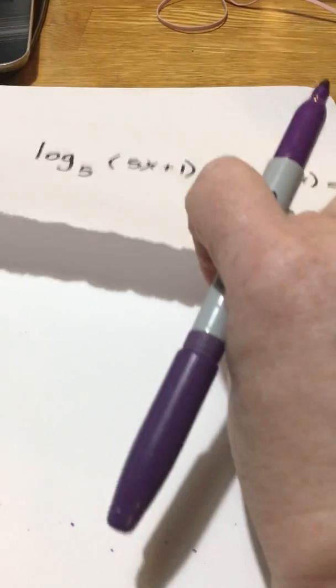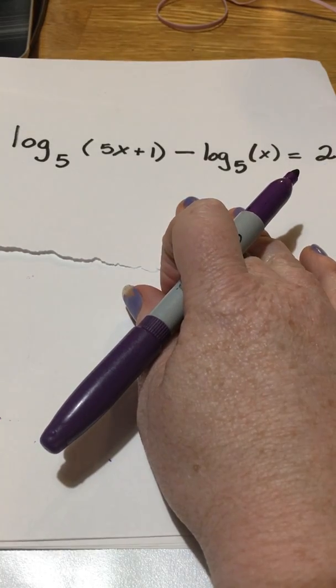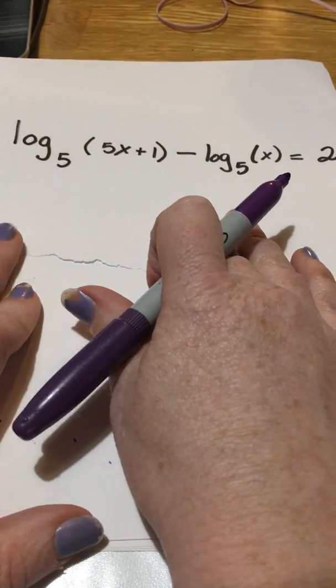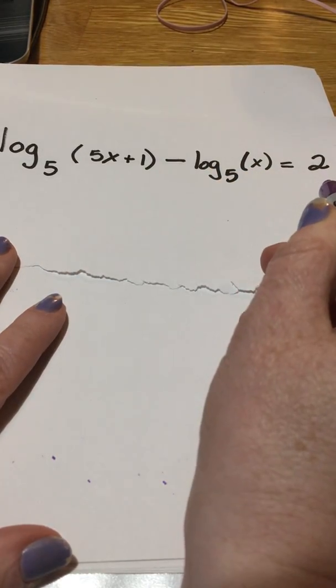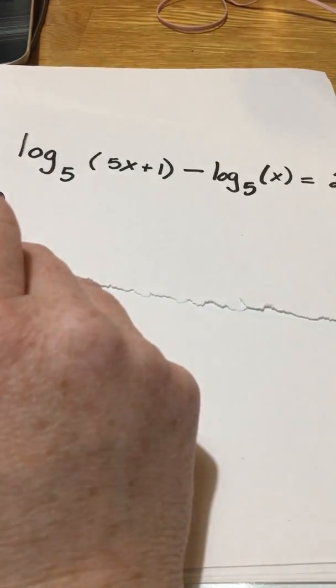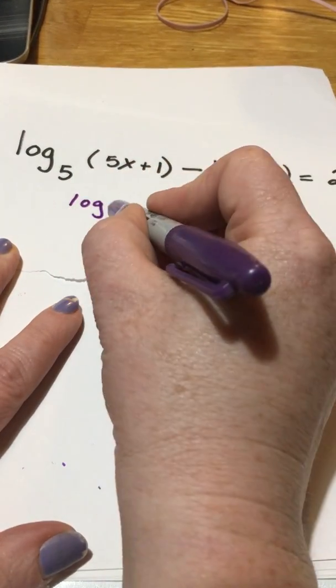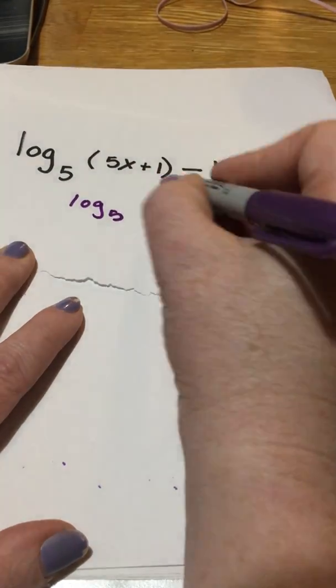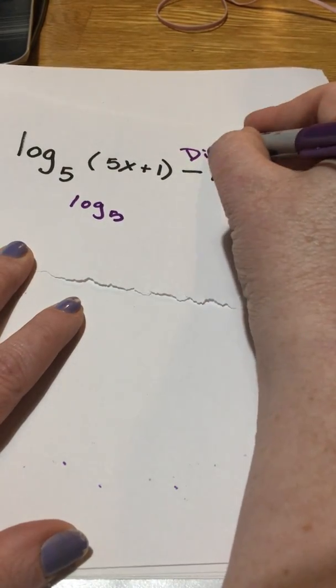All right. Now, what about those ones that do not have a log on the other side? For example, I have this one here that we have log 5, and it equals 2. There's no log on this side. So this is where first we're going to get this down to 1 log. So this is log base 5. And with the minus, instead of multiply, it's a divide.